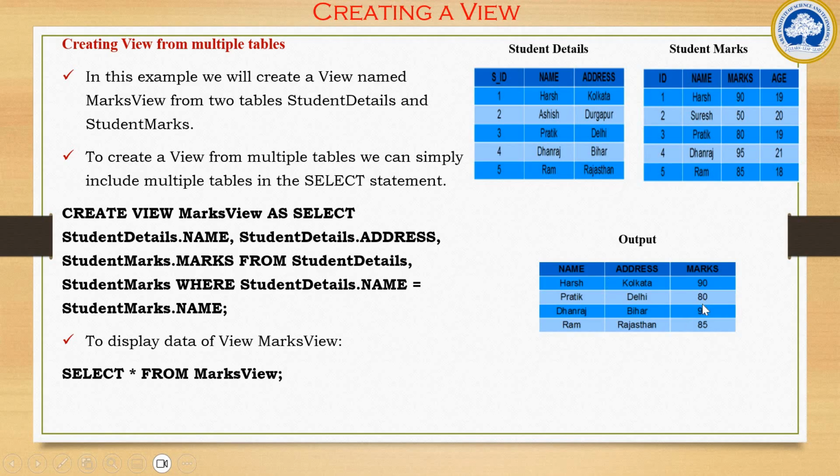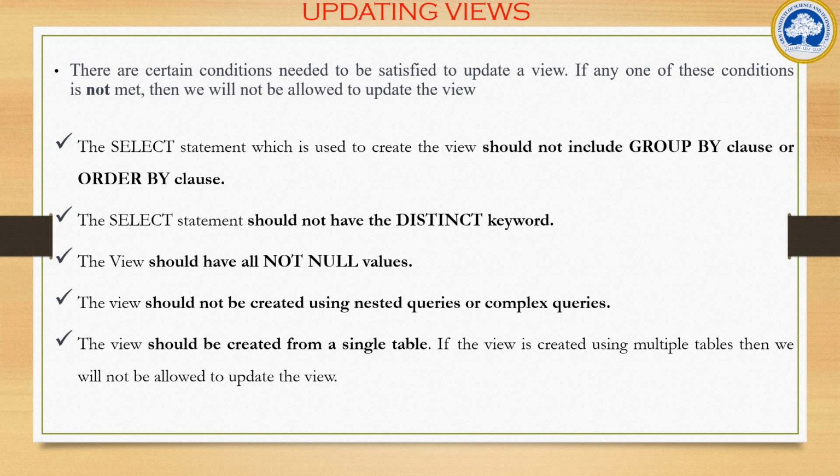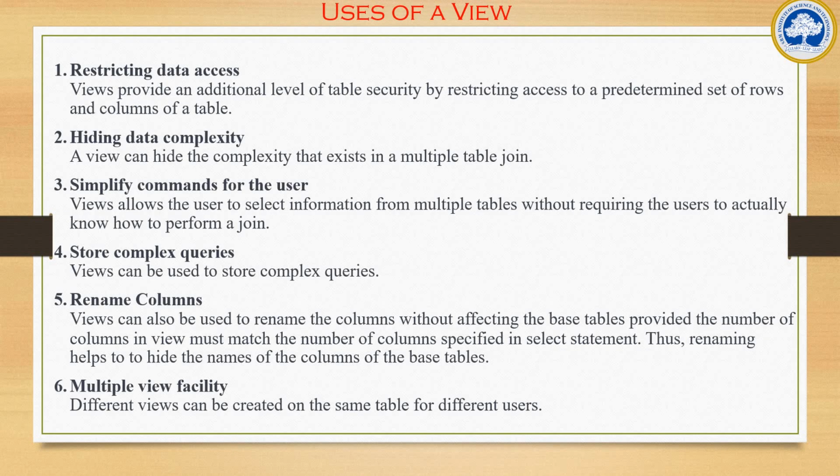So anything updated will not be reflected here, which is very difficult and causes unwanted errors. So if we create a view like this from multiple tables, we can't do updates. Based on these conditions only, updating the view is possible.